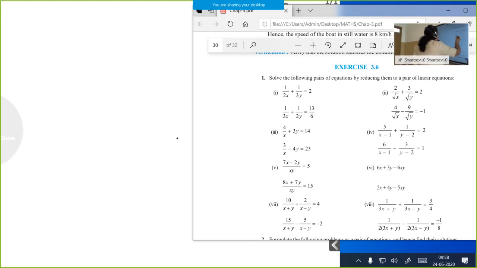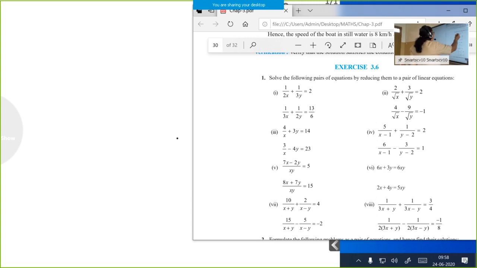Last class we discussed reducible equations using substitution: put the substitution for 1 by x or 1 by y and make it a linear equation. That is the method.